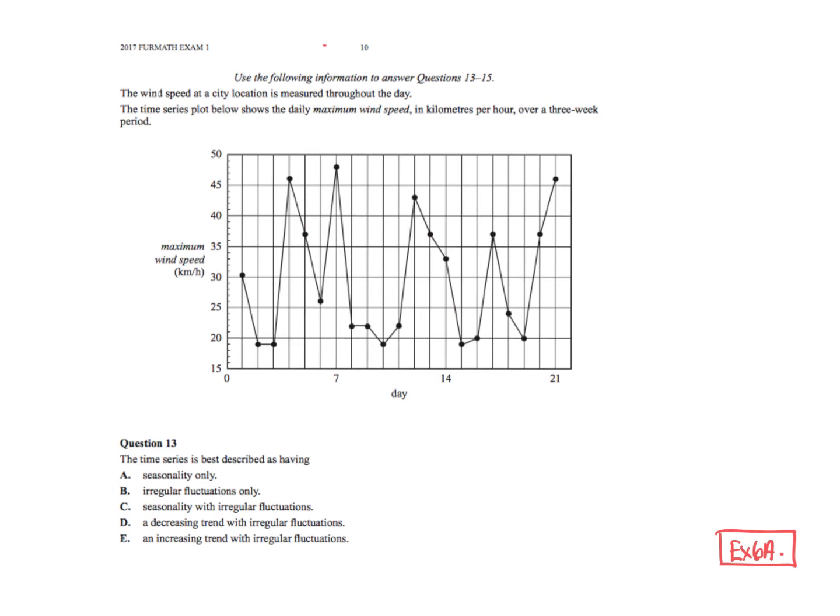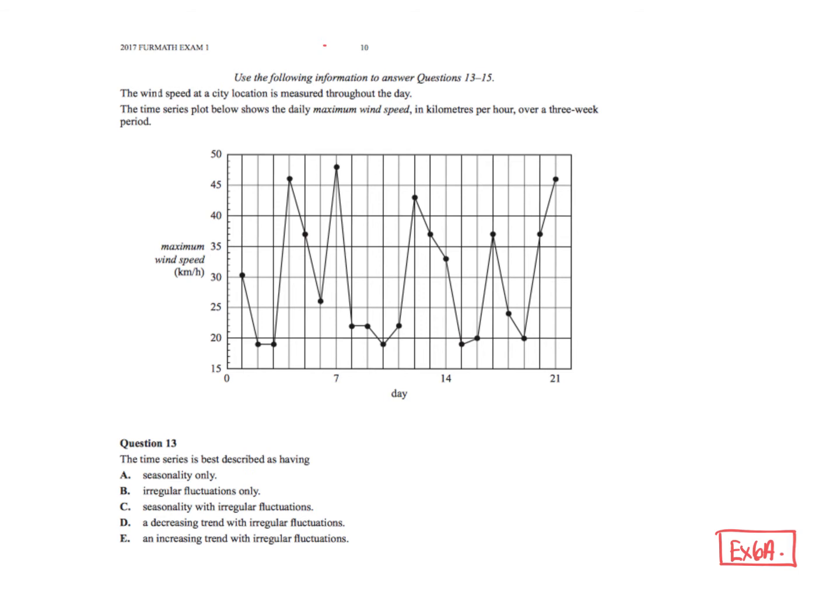It says the wind speed at a city location is measured throughout the day. The time series is shown below with the maximum wind speed per hour over a 3-week period. The time series is best described as, so seasonality, this would be a case of seasonality because it's happening in a short period of time, not over many years.